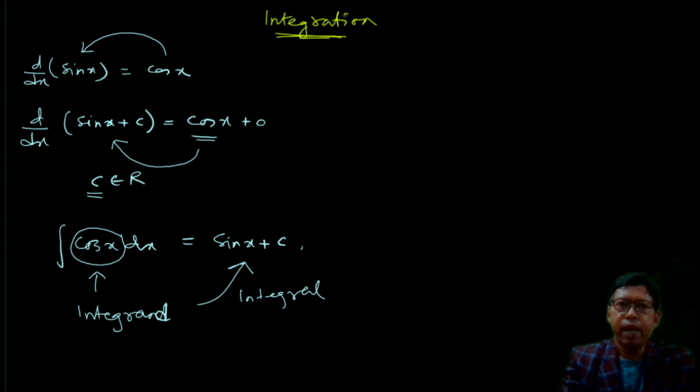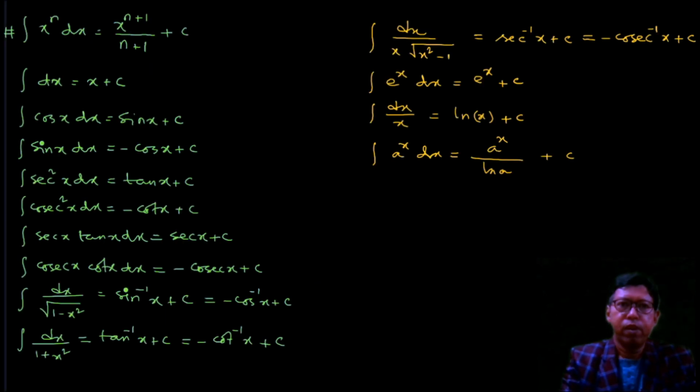Okay, now I am giving some formulas, and these are the basic formulas of integration. Integration of x to the power n dx is equal to x to the power n plus 1 divided by n plus 1, plus the arbitrary constant or integration constant c. Integration of dx means integration of 1 dx actually. Okay, 1 dx is equal to x plus a constant c. As I said, it is the antiderivative of a function.